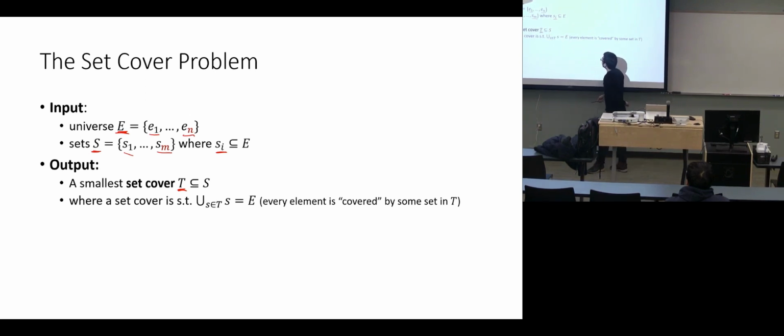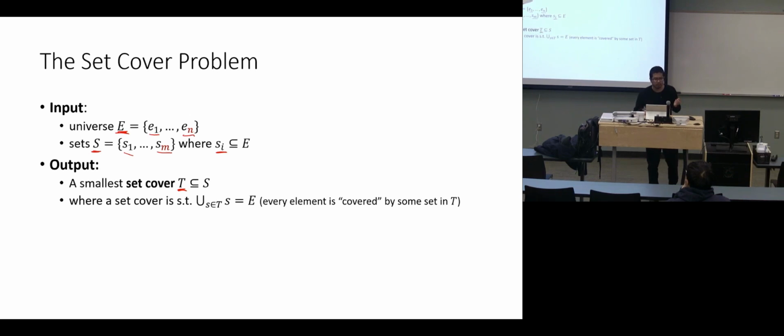It just means that every element is covered by some set in T. Make sense? You want to choose a bunch of fire stations that cover every point in the map. Okay.